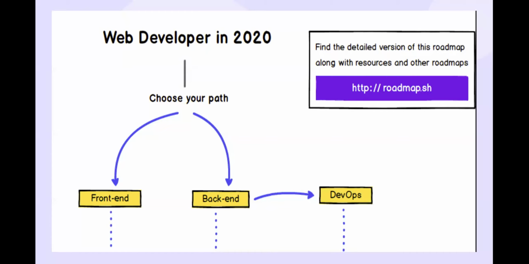Then apart from these two servers, we also have free ones like Heroku server, Nginx server. In fact, there are so many servers out there. So this is a brief introduction to the roadmap to software development.